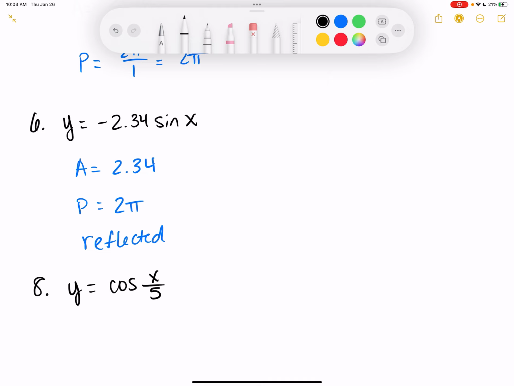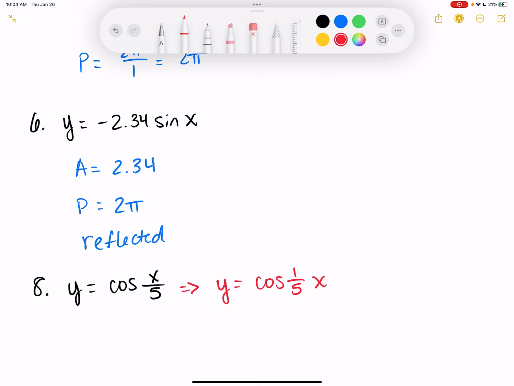This is the same thing as y is equal to the cosine of 1/5 x. I write that because of the b value. Sometimes people get confused. They're like, well, it's x over 5. That's not a b. Well, okay, the coefficient goes in front. So what would the amplitude of this one be?